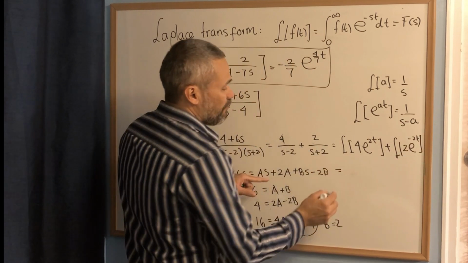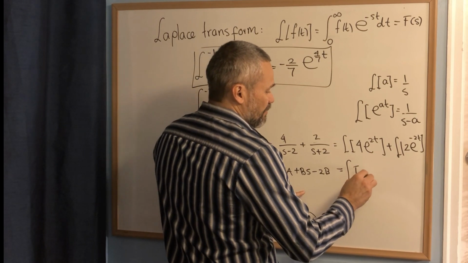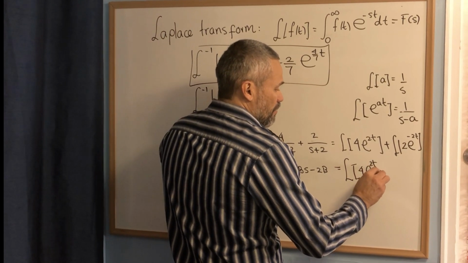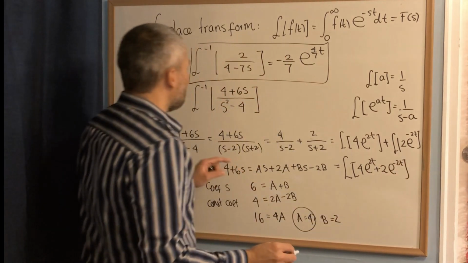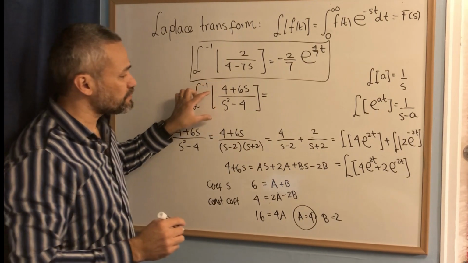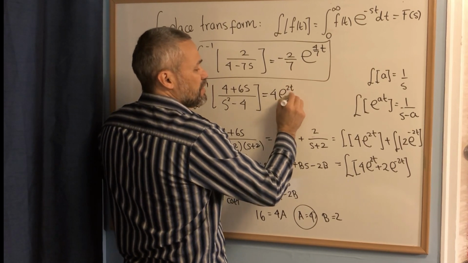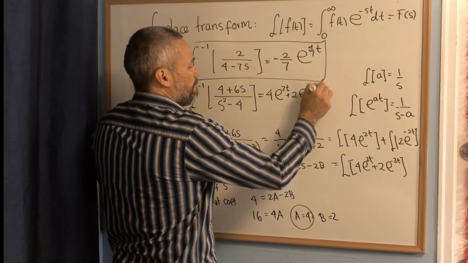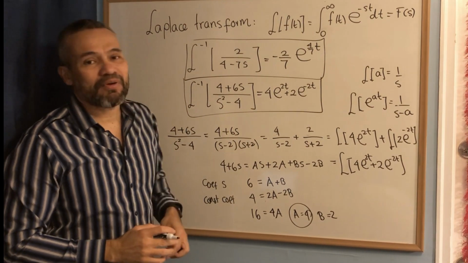And since the Laplace transform of a sum is the sum of the Laplace transforms, then we get that this is the Laplace transform of 4 e to the 2t plus 2 e to the negative 2t. Finally, I can say that the inverse Laplace transform of this function is 4 e to the 2t plus 2 e to the negative 2t. Okay, let's stop here with this example.